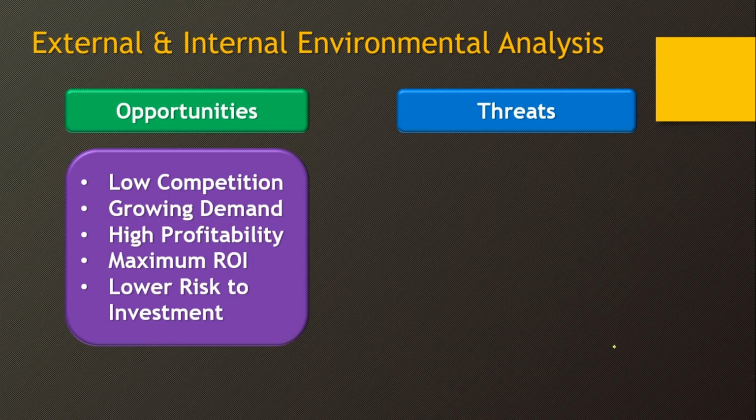That means when there is a low level of competition, then organizations can make more profit. Risk will be less to their investment. When there is constantly growing demand in the market, then organizations, by fulfilling the demands of their customers, are able to grow in terms of their revenue generation, and their profitability will be very high. So any industry where high profitability is possible, we can say there is an opportunity.